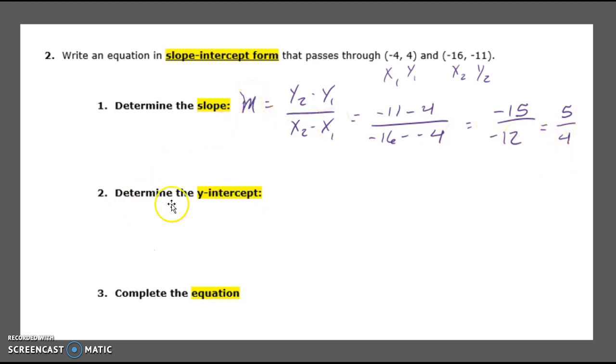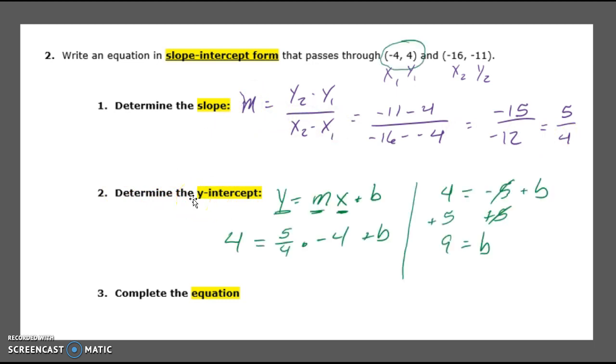The next thing I need to do is to determine the y-intercept. And this is a little bit new, but all the pieces we've done. It's just putting the puzzle together a different way. For example, our equation is y equals mx plus b. Well, we can pick any point we want, and we have a y in that point. We just found out what slope was. We said slope was 5/4.